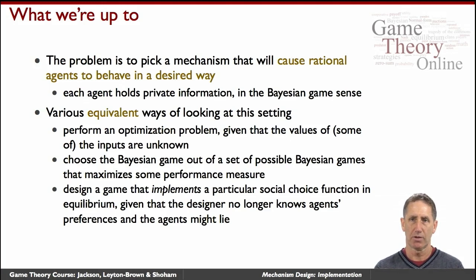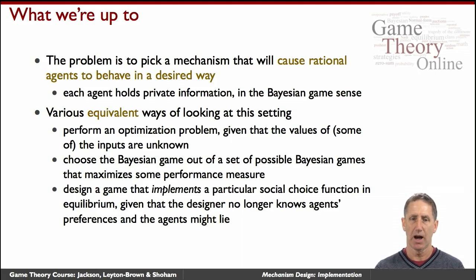And so the trick is to set up the rules of the game, the mechanism, to cause agents to behave the way we want them, even though we don't have access to the internal information and can't directly control the actions. But we will set the rules of the game such that by their acting in their own perceived self-interest, they will lead to the outcome we desire.